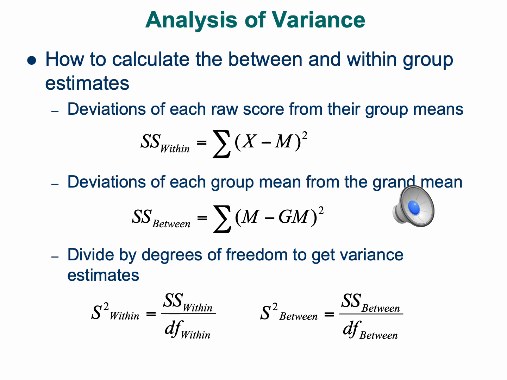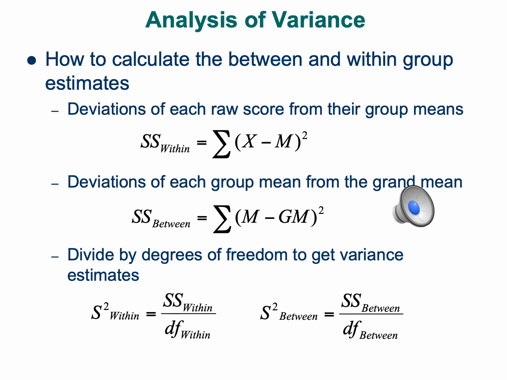Now we're going to do something a little bit differently with the sum of squares between. Notice there's a term in there called GM. GM refers to the grand mean. Now the grand mean is the average of all the subjects in the study. Okay, so it's the big mean. It's the average of everybody's score in the study.